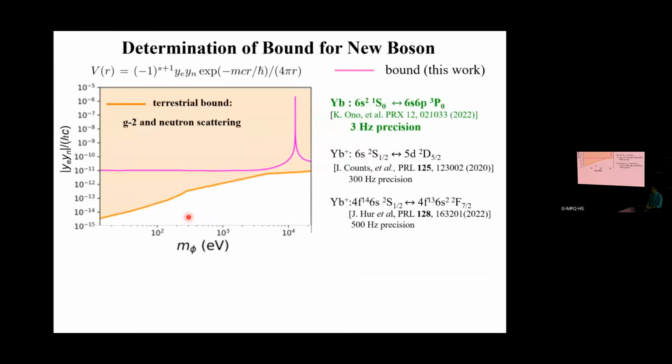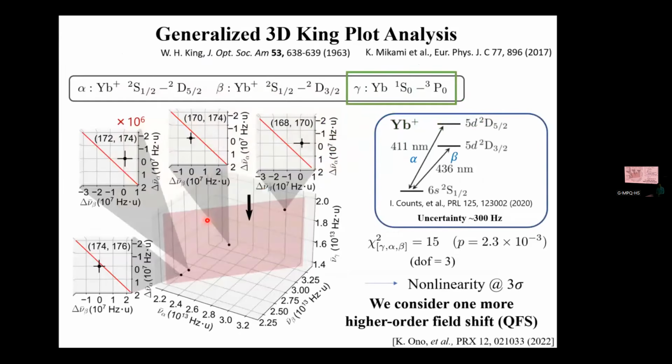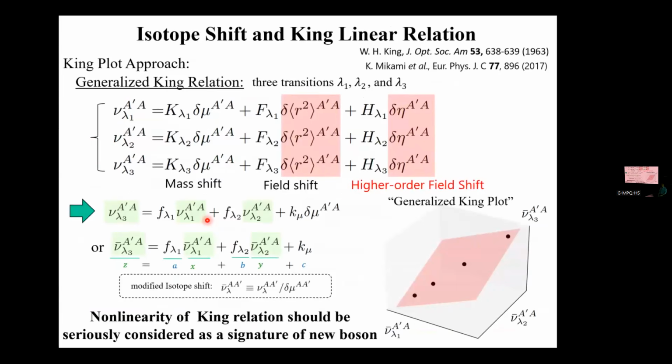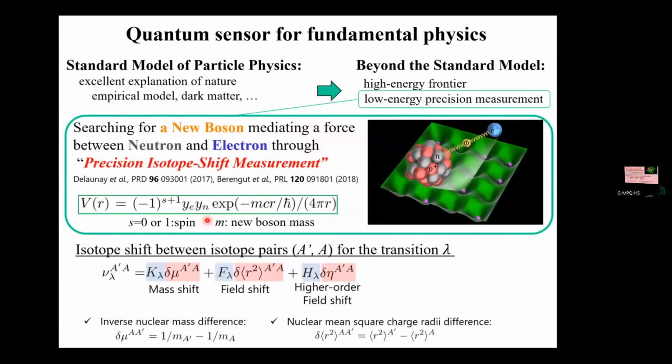Oh, yes. You mean, the bosonic isotope has no spin degrees of freedom, and so that is in the measurement. But the force itself, you mean this new force could be spin dependent for the new boson or electron or neutron.